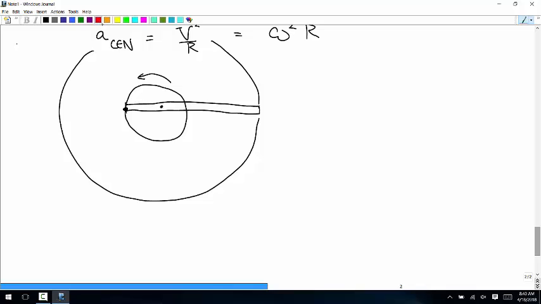So the velocity is this way. Is it speeding up or slowing down? How do you know that? Yeah, because omega and alpha, they have opposite signs, so the rotation's slowing down. So velocity and tangential acceleration are always going to be opposite each other. So here's the tangential acceleration. Centripetal is always towards the center, so here's the centripetal.